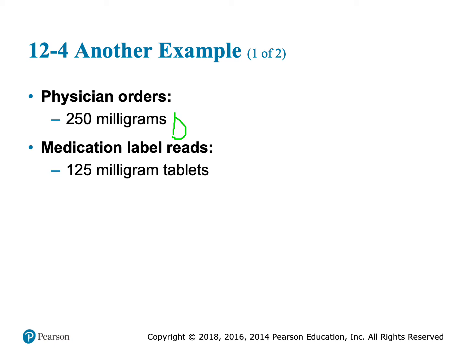So the 125 milligrams represents what? That's right. It represents H, what we have on hand. And then the tablet represents quantity, our Q. All right, so now we know what parts we are working with here.